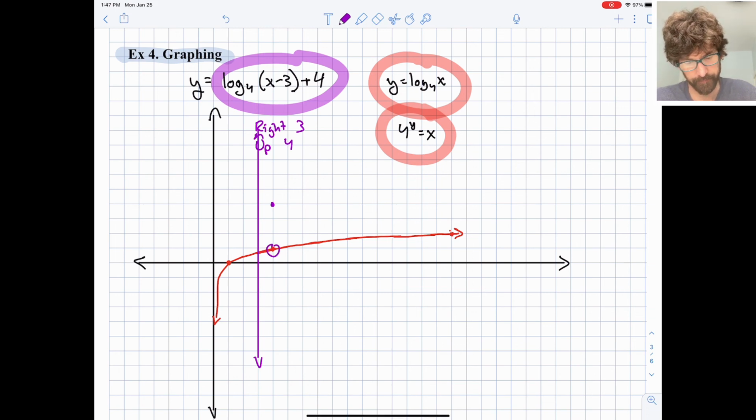So this point, 1, 2, 3, 1, 2, 3, 4. And lastly, this point, 1, 2, 3, 1, 2, 3, 4. And I can sketch in a smooth curve from there.